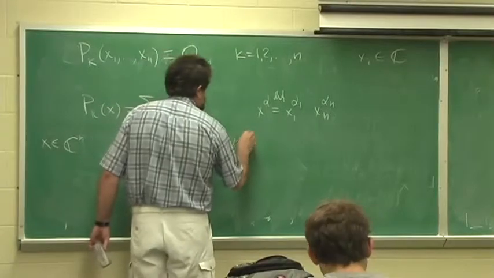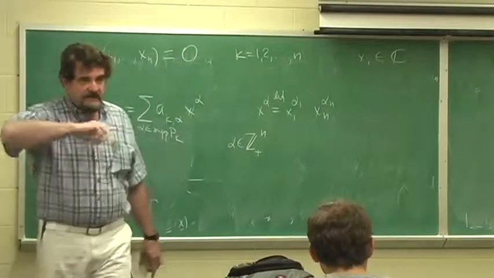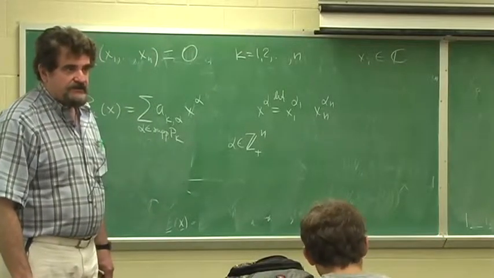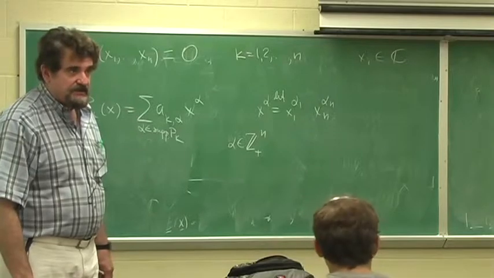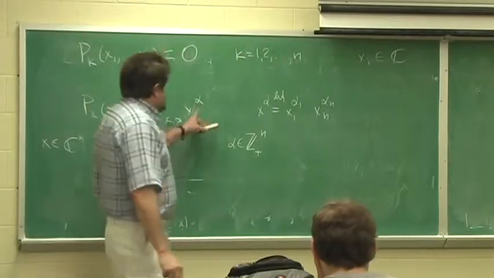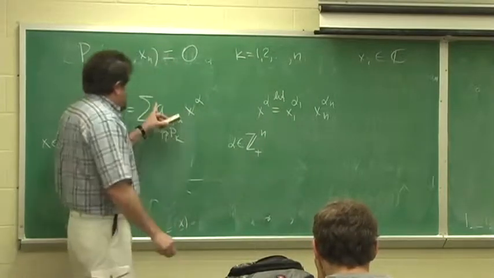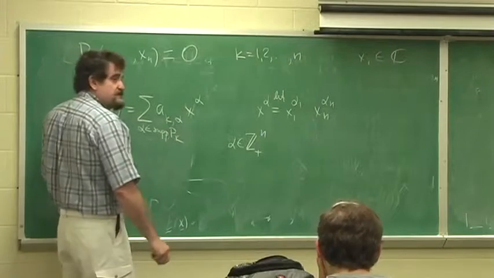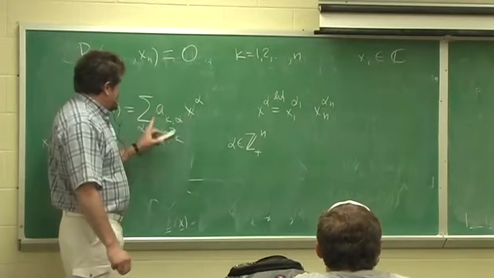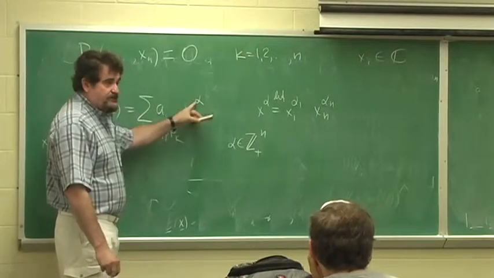Alpha belongs to Z_+^n. It is a vector of integer coordinates, non-negative integer coordinates. So x^alpha means exactly this. The index k comes from the number of the polynomial. Alpha says at which power it stands.